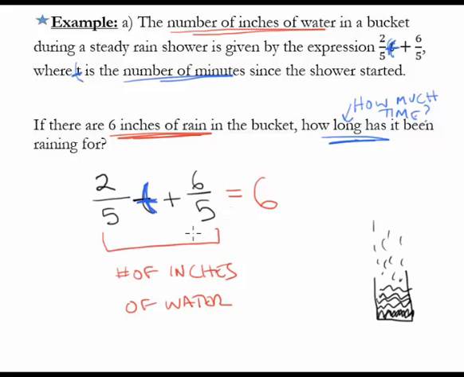However, here, notice that on the left side of the equation we have denominators of 5 and 5, and that's good for us. So on the right side of the equation, wouldn't it be nice if we could rewrite 6 as a fraction with a denominator of 5? Sure it would. Well, we can, because 6 is really nothing more than 30 over 5.